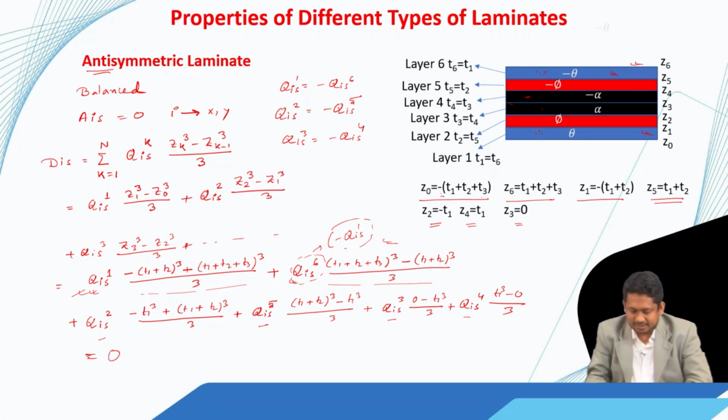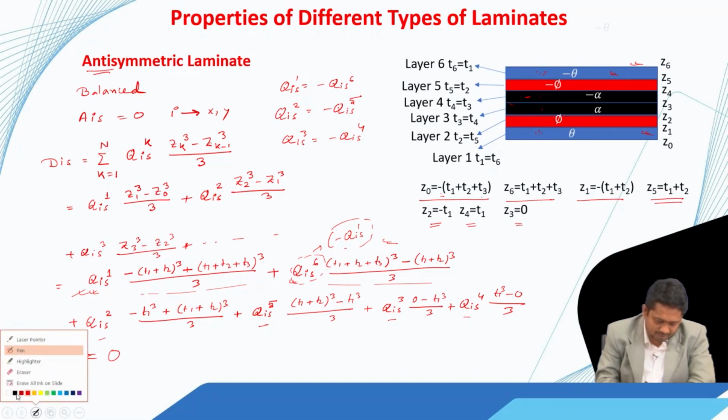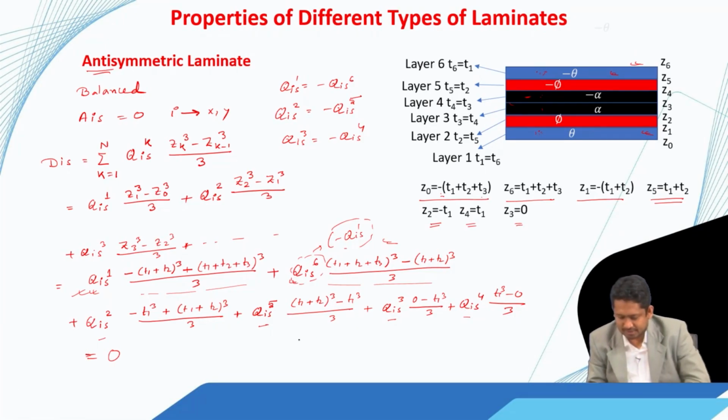So, finally, the D matrix would look like this. In this case, D matrix is dxx, dxy, 0, dxy, dyy, 0 and 0, 0, dss.